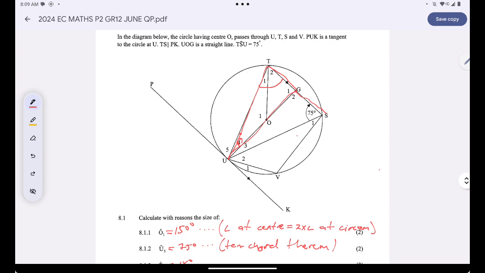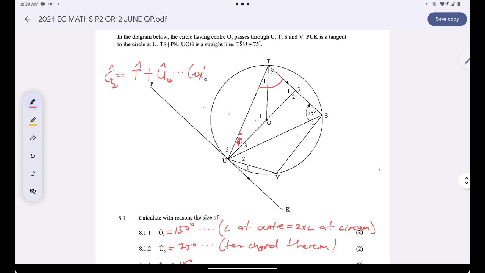Are you together? G2 is an exterior angle of that triangle, right? So if G2 is an exterior angle, it simply means that G2 is equal to angle T plus angle U4.